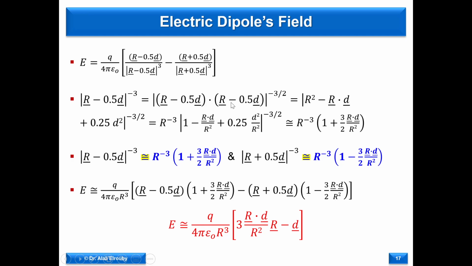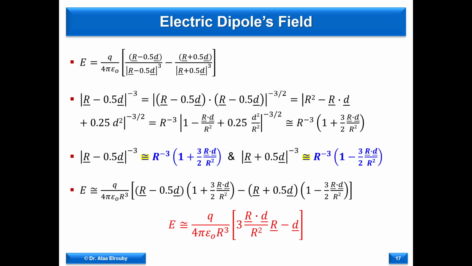We take r squared out of this expression, and of course apply the power of minus 3 over 2 to it. We'll have r to the power minus 3 multiplied by 1 minus this expression divided by r squared plus this value divided by r squared.